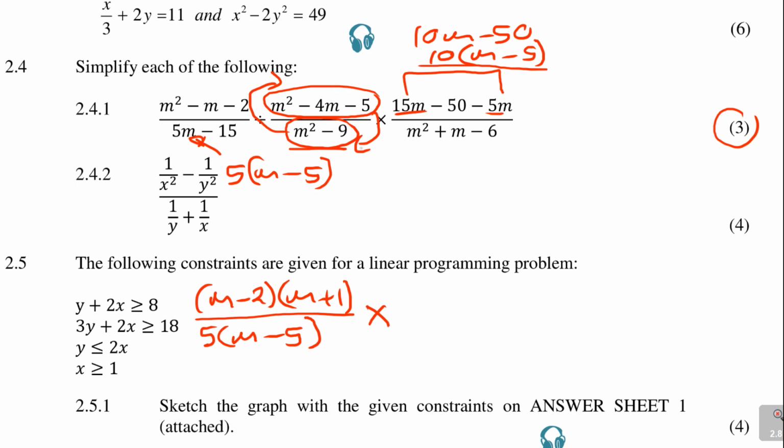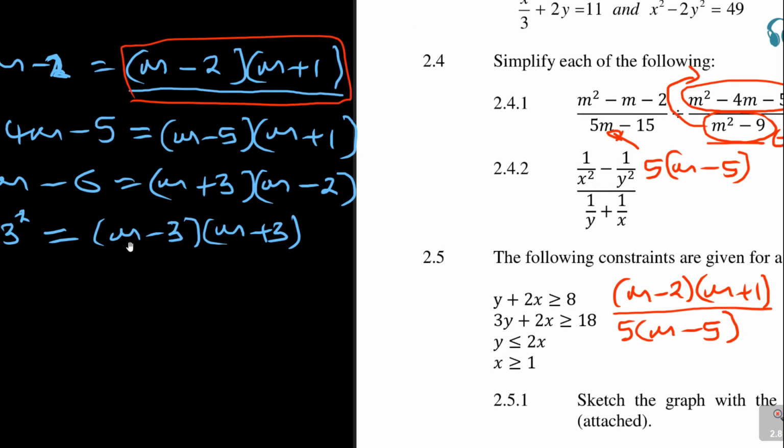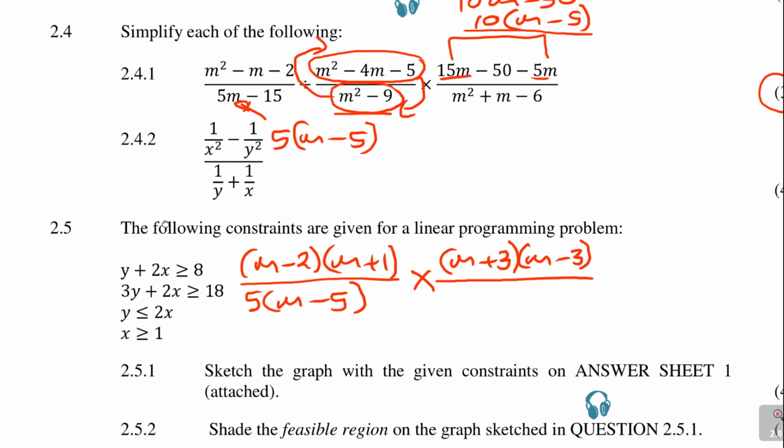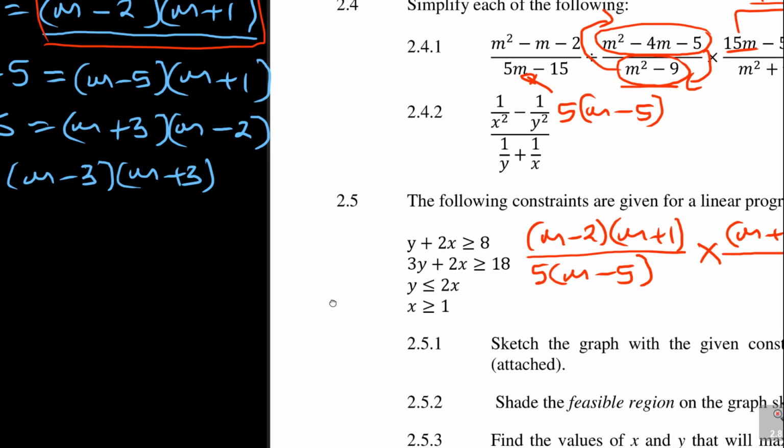So we know that m squared minus 9, we said here it was bracket m plus 3 and what? And m minus 3. Any one of them, you can start with m minus 3, m plus 3, whatever case. Then from here at the bottom now, m squared minus 4m minus 5, which one is that?